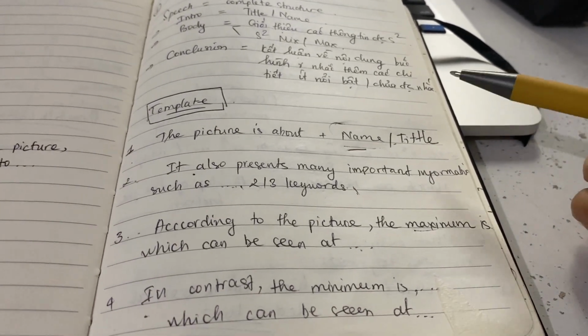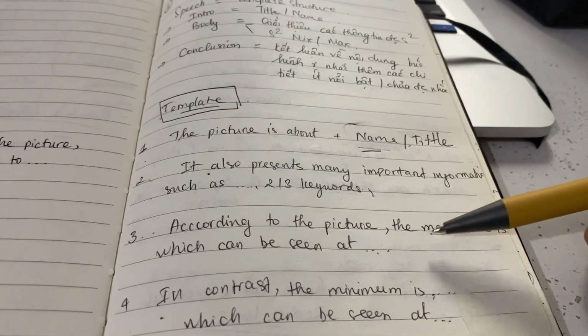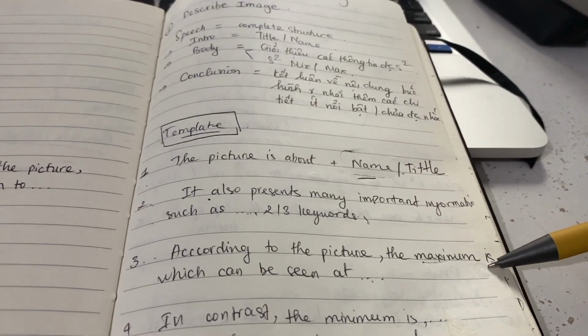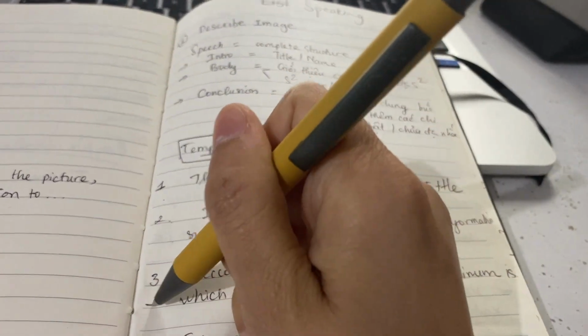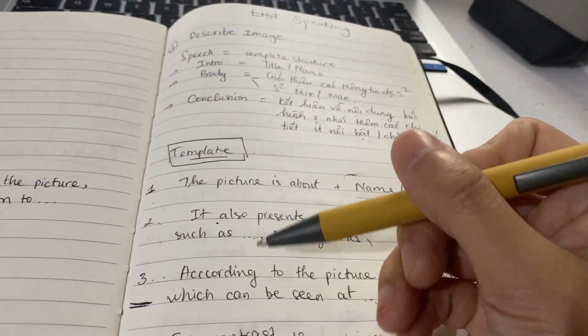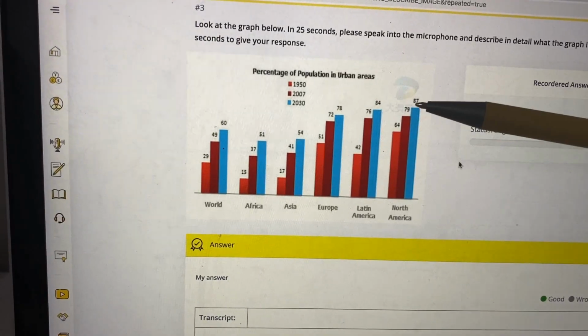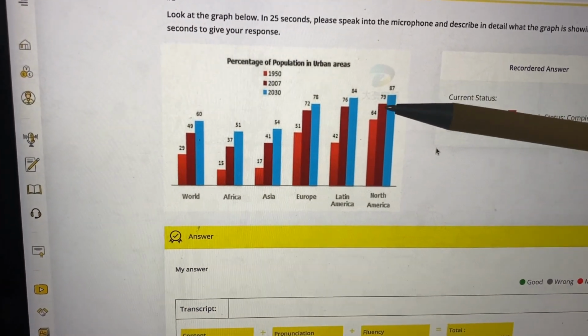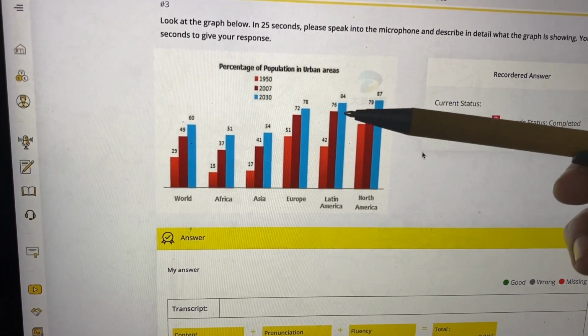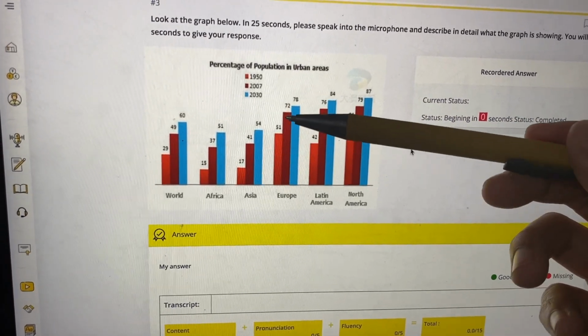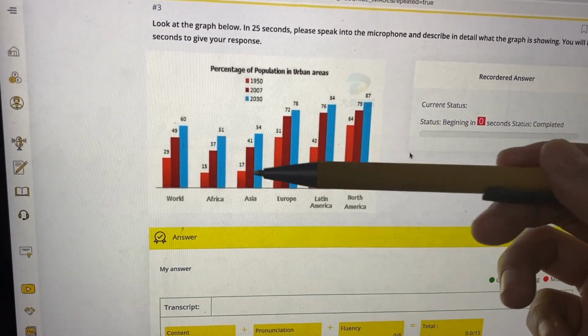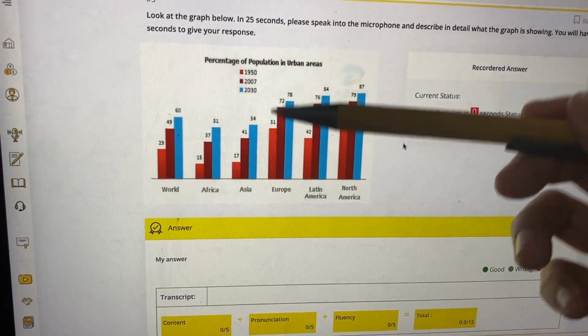Number three: according to the picture, the maximum is, and then you add a number or name here, which can be seen at a number or name here. It doesn't need to be correct, okay? This is the maximum, but you can also use anything else, as long as it's included in the picture.